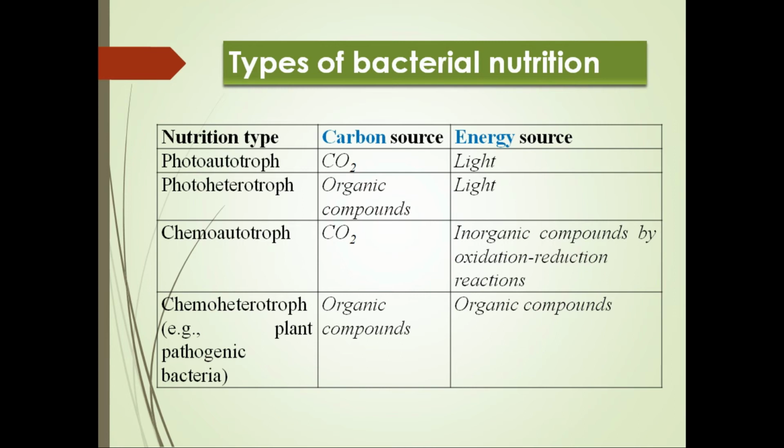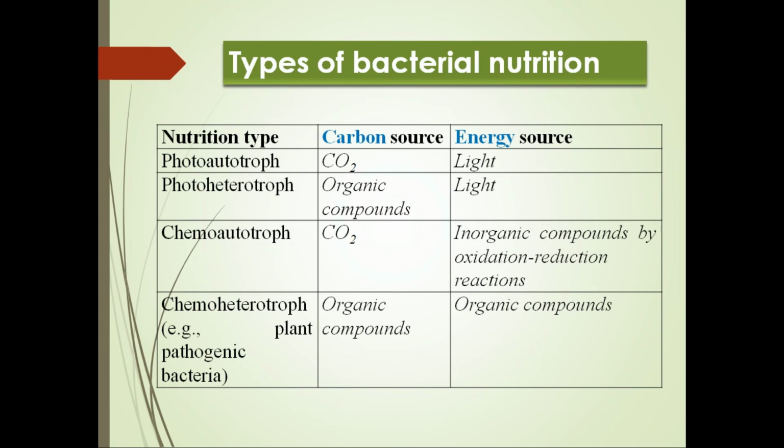Chemoautotrophs: the carbon source is carbon dioxide, the energy source is inorganic compounds, and the energy is obtained through oxidation-reduction reactions. Chemoheterotrophs: the carbon source is an organic compound and the energy source is also organic compounds.